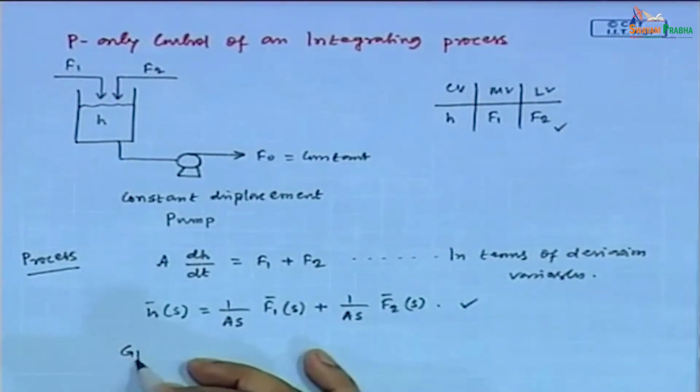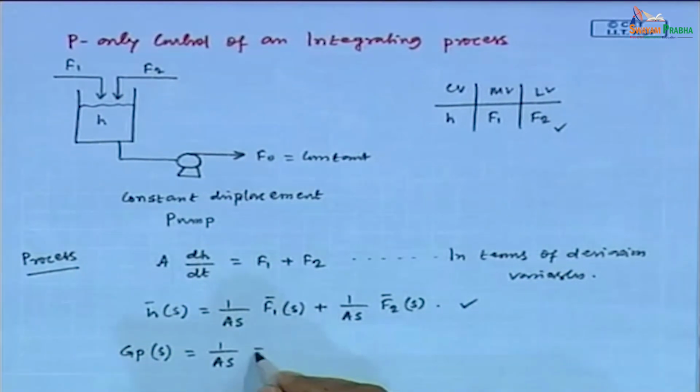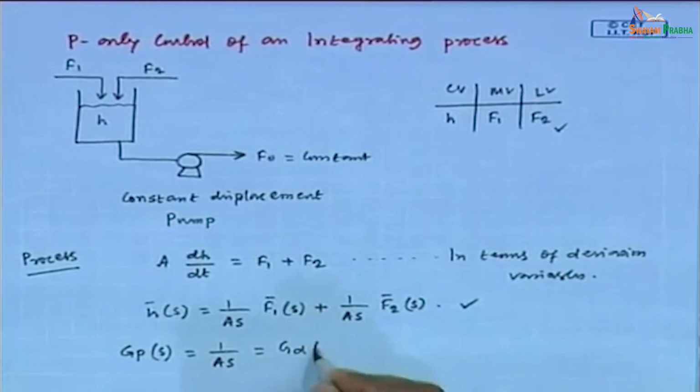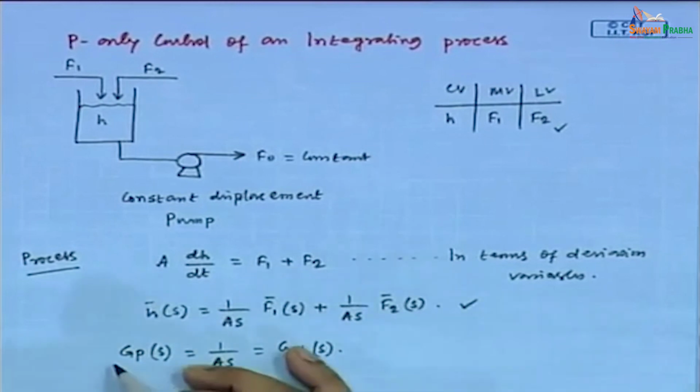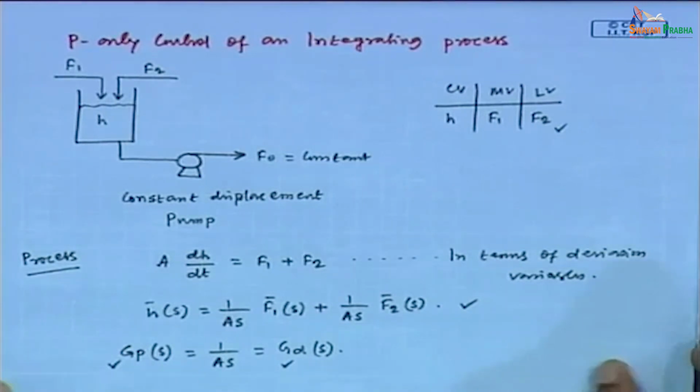So, from this form, we get the transfer function of the process Gp with respect to m as 1 by As, and Gd is also equal to 1 by As. Fine. From this equation, we get the transfer functions Gp and Gd, and both are equal to 1 by As.